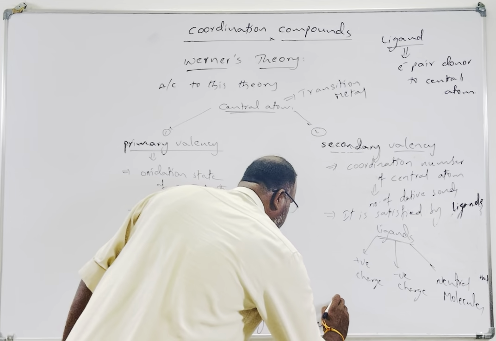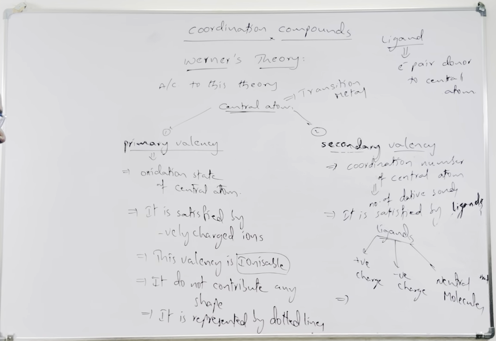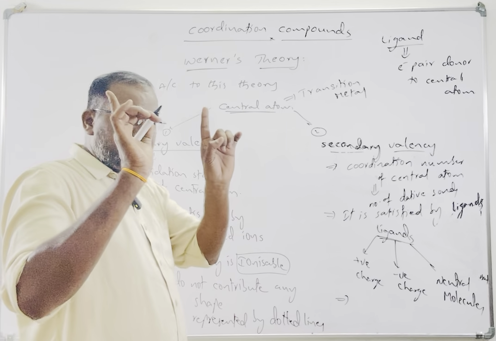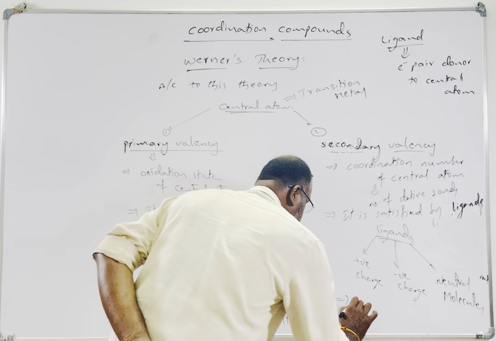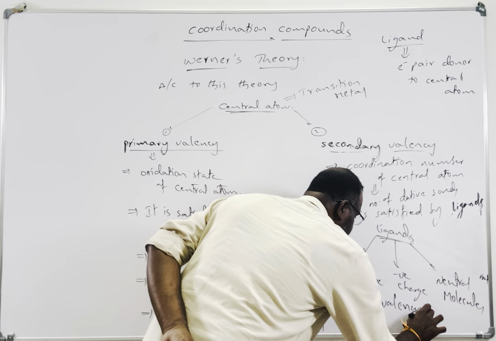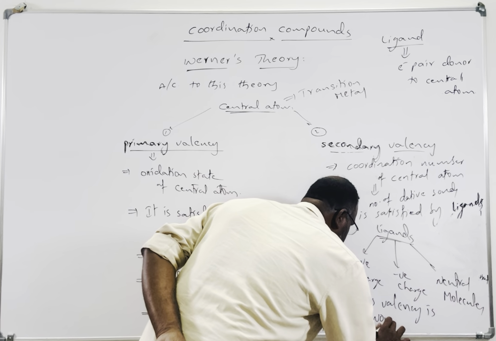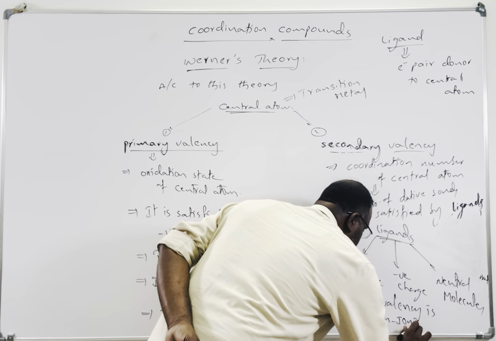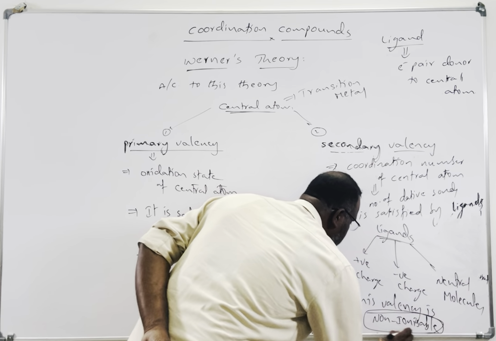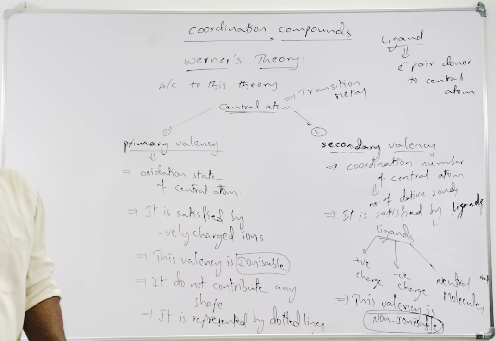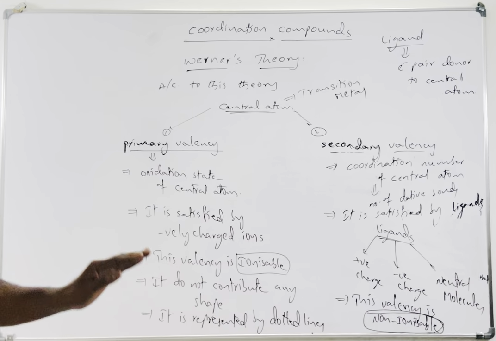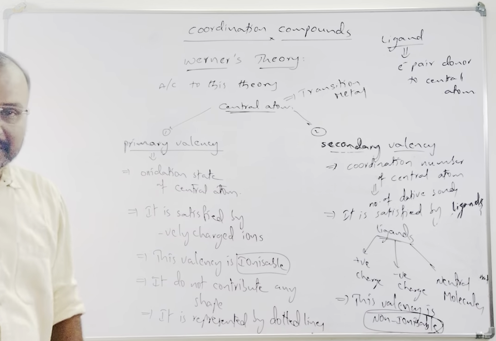Next concept is, this valency is non-ionizable, it never converts into ions. Primary valence is ionizable, secondary valence is non-ionizable, it never gives ions.